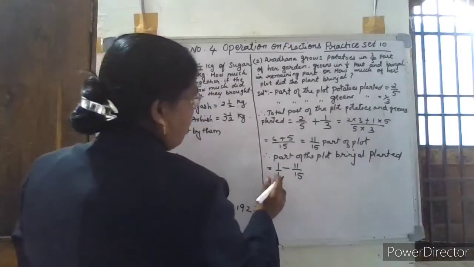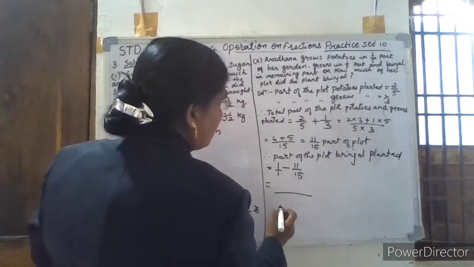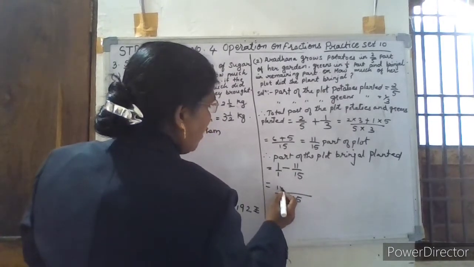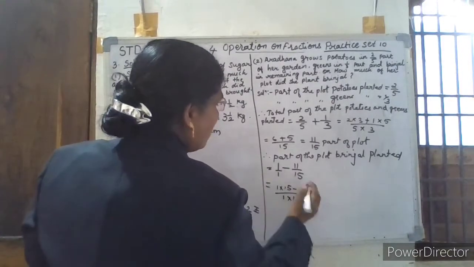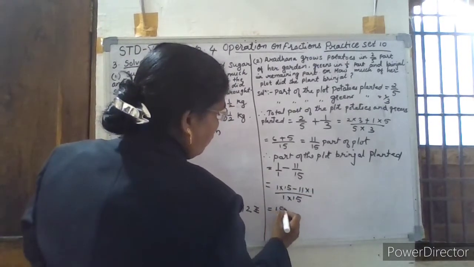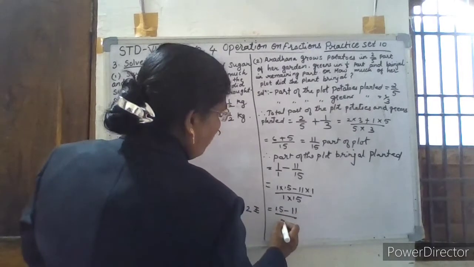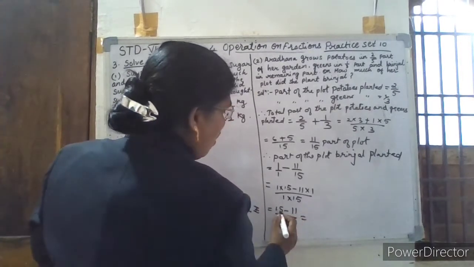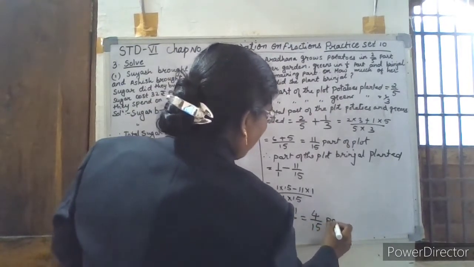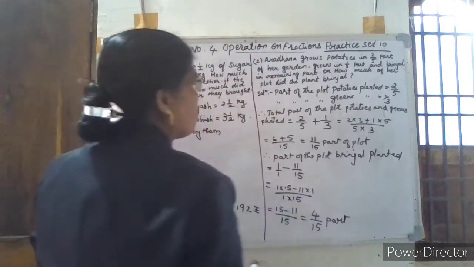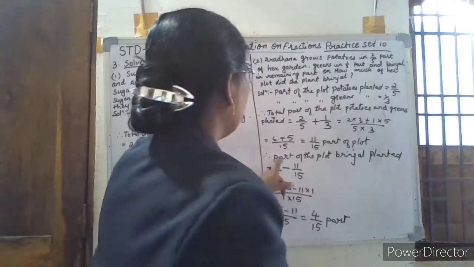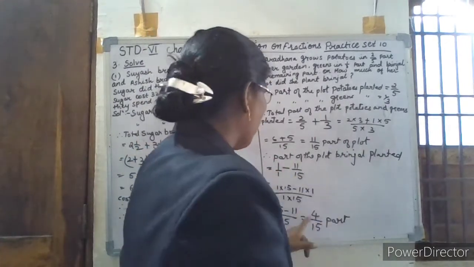Now do cross multiplication, 1 into 15 minus 11 into 1, upon 15 ones are 15. That is 15 minus 11, which is 4. So 4 by 15 part of the plot has brinjal planted.